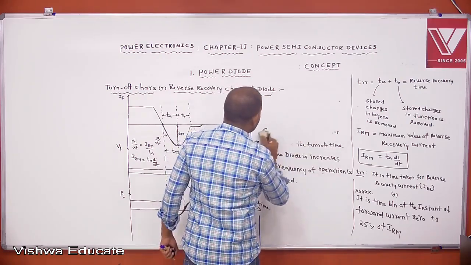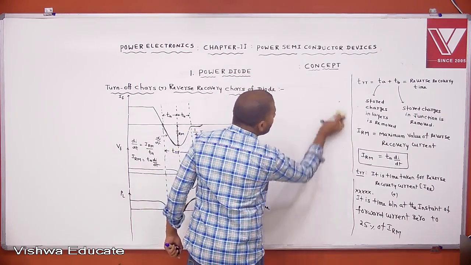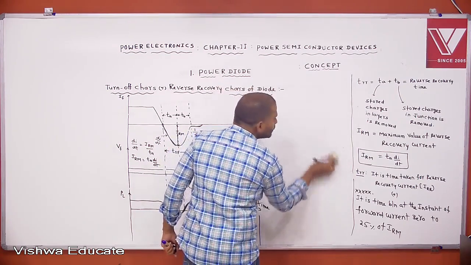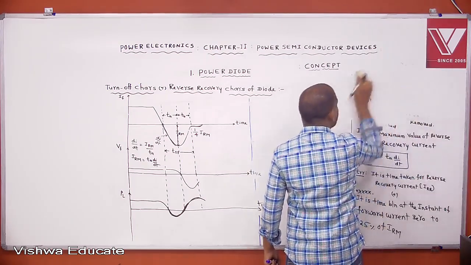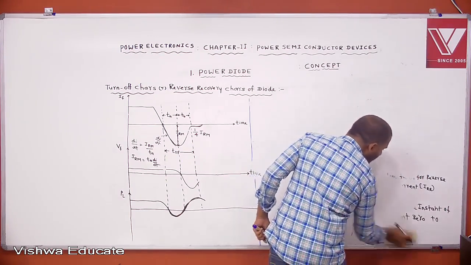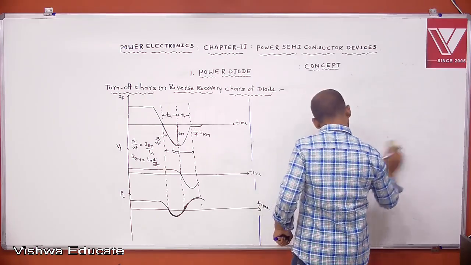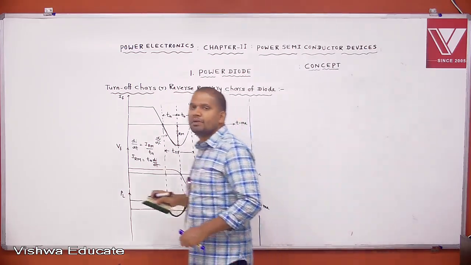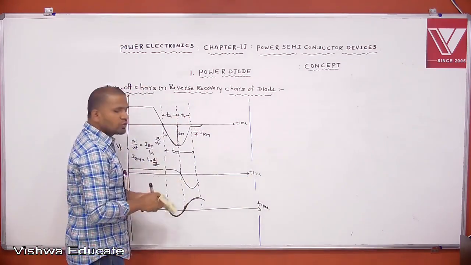Let's assume that the reverse recovery characteristics of a diode are triangular. If you assume that it is a triangular characteristic, then what does the area under the curve indicate? Which parameter? This is an approximate analysis.